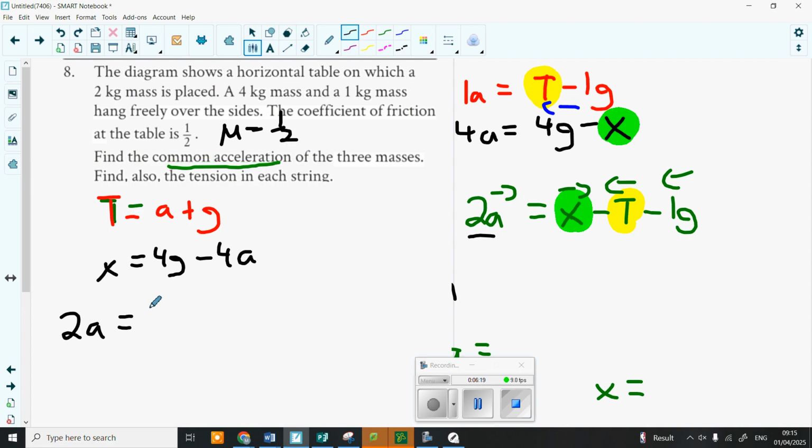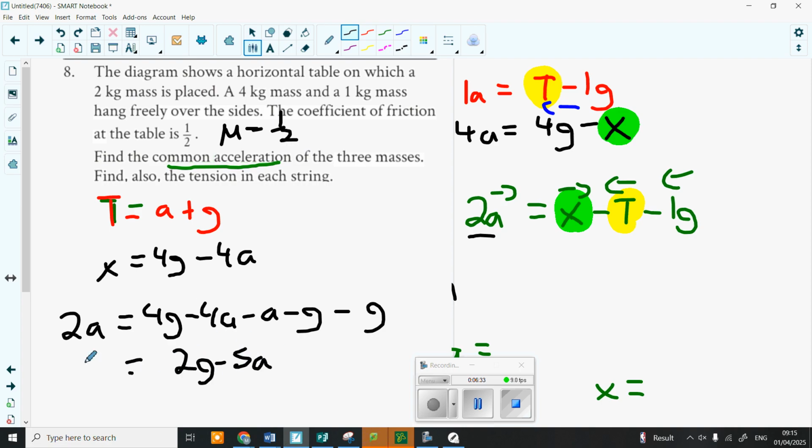So 2A equals X, which is 4G minus 4A, minus T, so minus A minus G, minus another G. I think what we're going to get is 2G minus 5A equals 2A. 7A equals 2G. A equals 2 over 7 G.